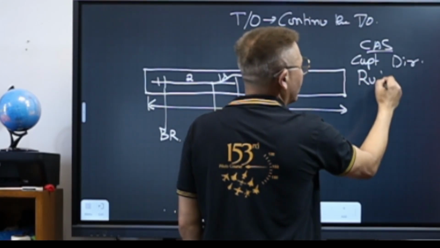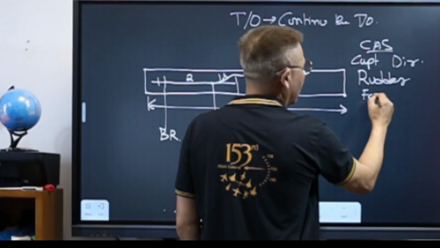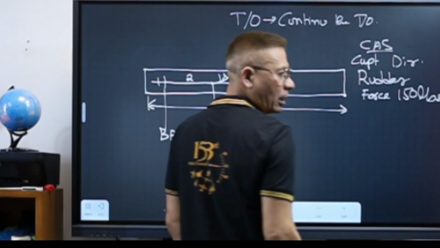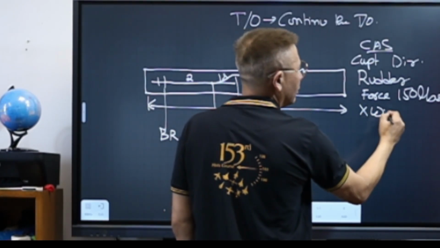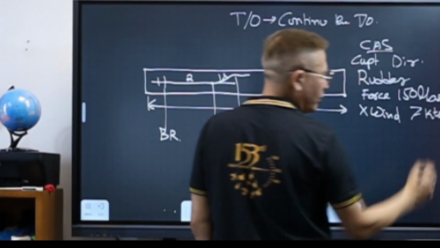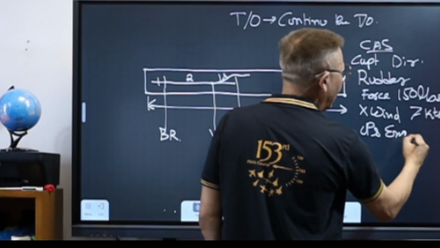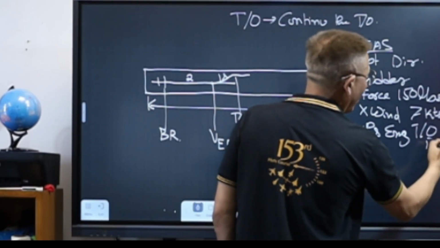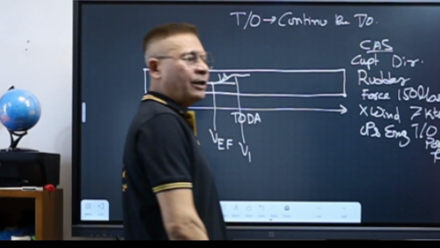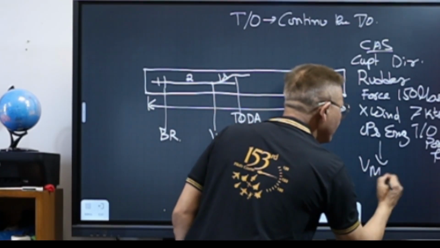On ground it is rudder only with a force on the rudder not exceeding 150 pounds, and considering the crosswind of 7 knots from the fail engine side, and the operating engine at takeoff power or takeoff thrust. That speed is what we call as the minimum control speed on ground, VMCG.